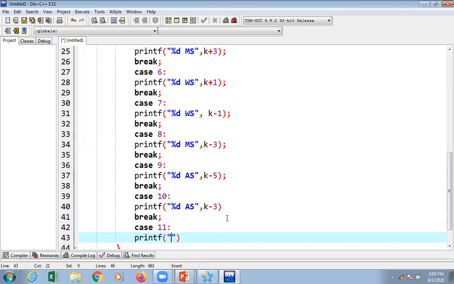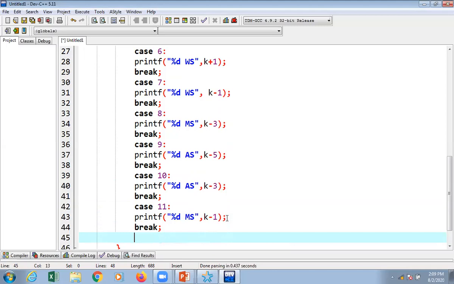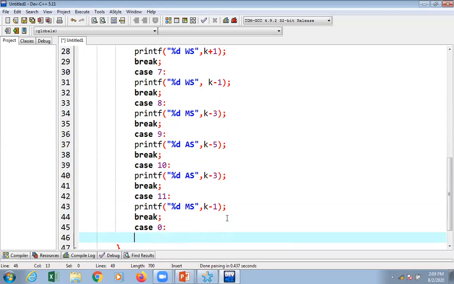printf percentage d, that will be middle seat, and the output will be k minus 1. Case 0. This will be the case when the number is divisible by 12, like 12, 24, or 108.